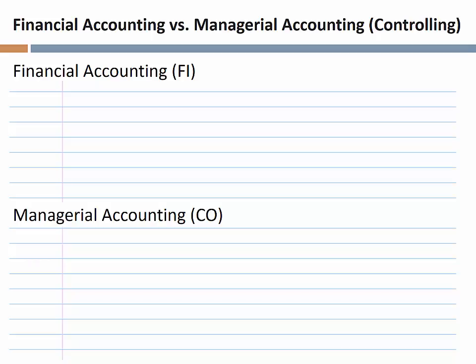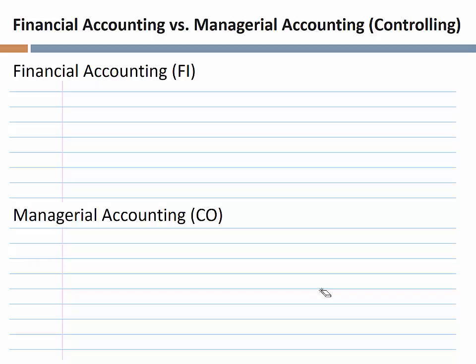So keeping track of the financial impact of different transactions in our organizations and then reporting them on standardized financial statements. I've already given you that one orally, so I'm not going to jot it down, but that's one notable thing about financial accounting.